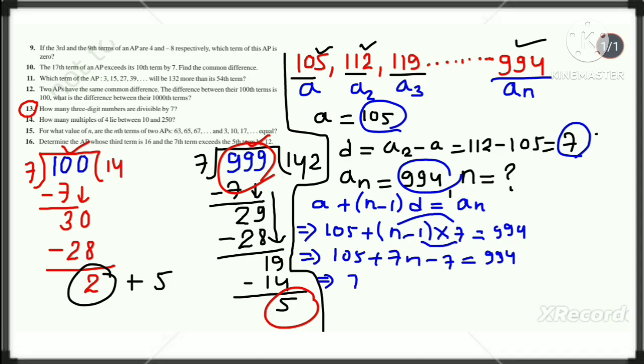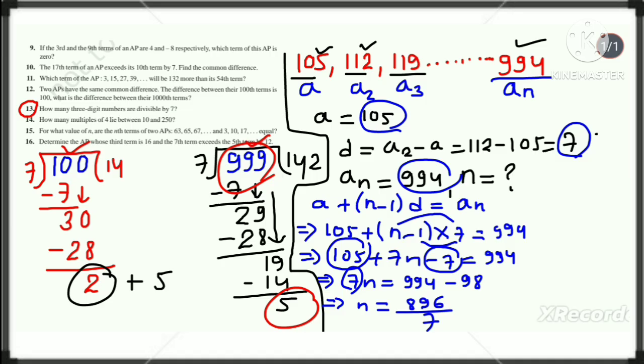Now 7n equals 994, and here this plus 105 and minus 7, after subtracting we obtain 98, and this plus 98 goes to the RHS and becomes minus 98. And here n equals 994 minus 98, then we obtain 896 by 7, and this 7 goes to the RHS over here.